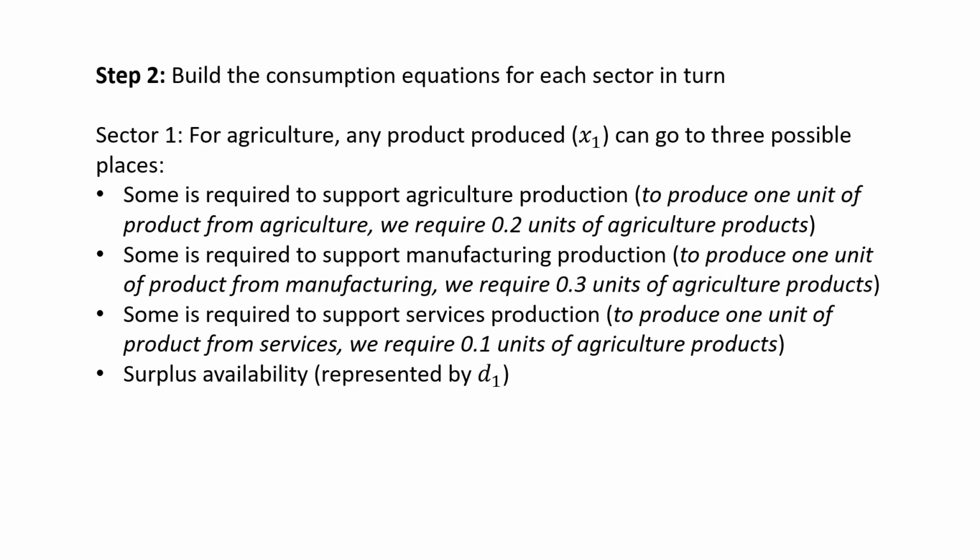So we're going to write the equation for everything we produce in agriculture. P1 was everything we produce in agriculture. Some of it goes to agriculture itself, some goes to manufacturing, some goes to the service industry, and some goes to the surplus in agriculture.